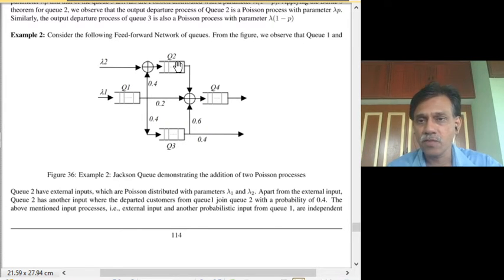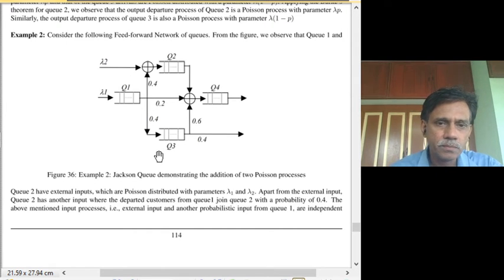All customers departing from Q2 join Q4, whereas from Q3 with a probability 0.6 they go to Q4, 0.4 they leave. All customers from Q4 leave. So this is the queuing system.